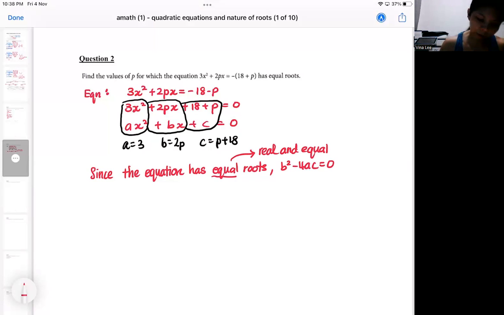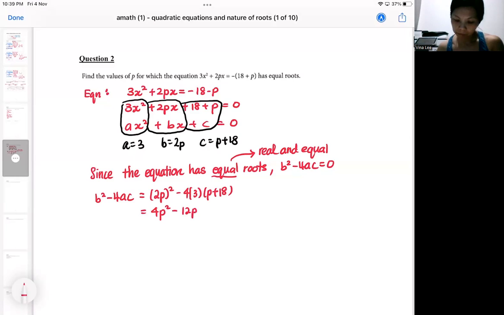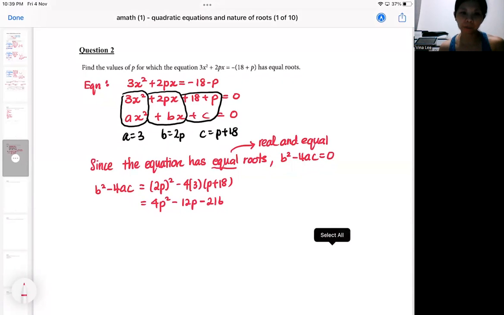So I'm going to explore the discriminant. Do you realize that the discriminant is not a value, it's an expression?